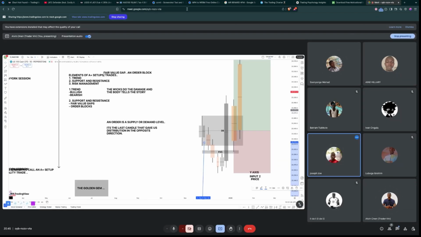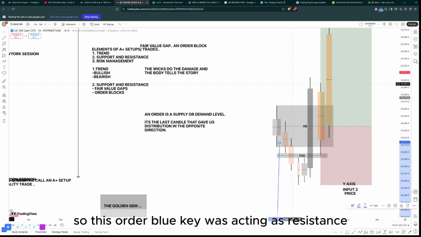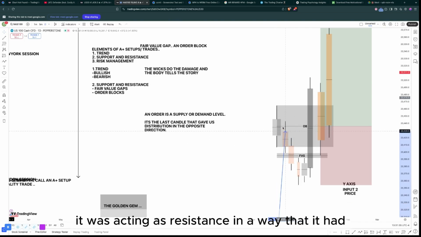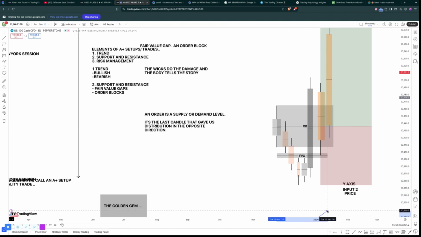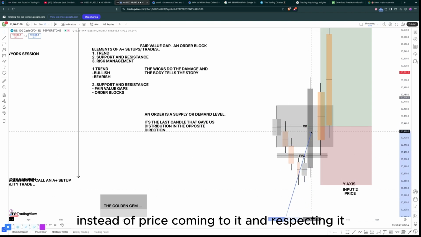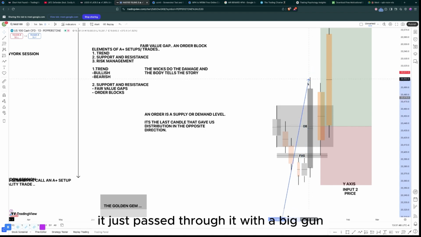Resistance, eh? Yeah, thank you. So this order block here was acting as resistance. It was acting as resistance in a way that it had to push price further down. But then what did price do? Instead of price coming to it and respecting it, it just passed through it with a big candle.